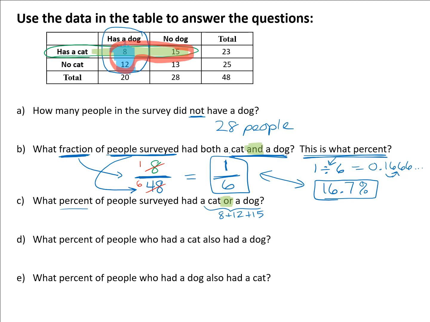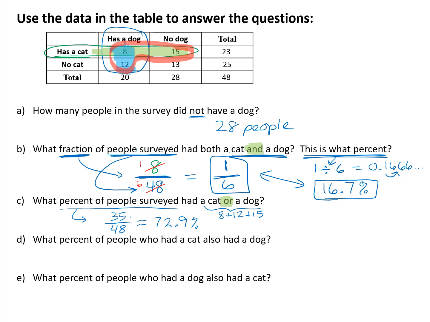Now if I want the percent, the way I get a percent is to first make the fraction. That would be 35 out of the total number of people surveyed, which is 48, and then divide. 35 divided by 48 gives you 0.729, rounding there, or moving the decimal point, 72.9%.